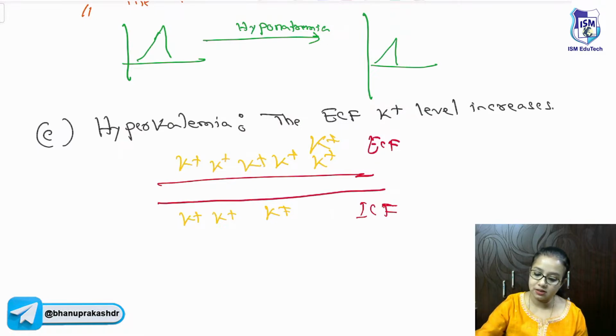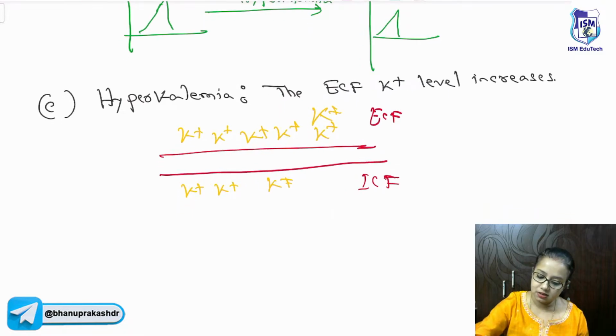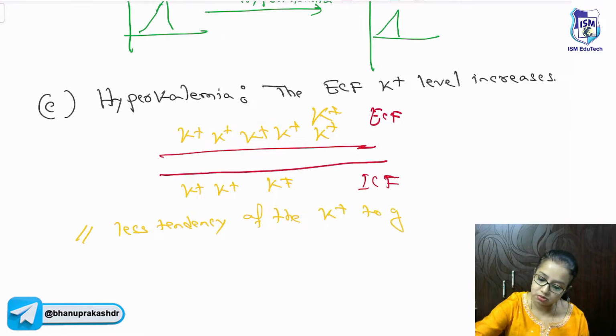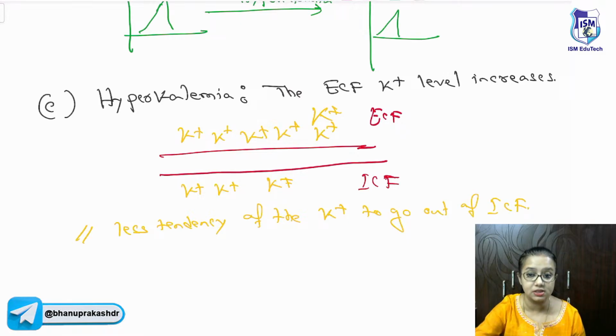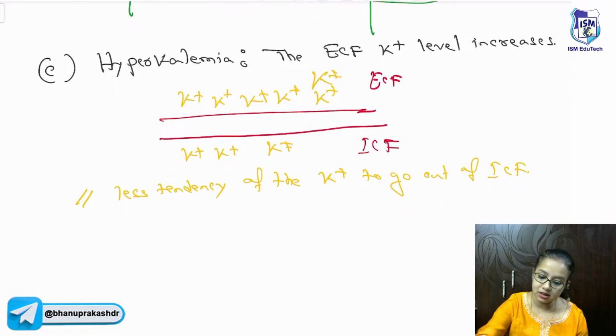So there will be less tendency of the potassium to go out of the ICF. In normal condition, what happens? There is a leaky channel. Through it, there is always a little bit of potassium that is trying to go out.